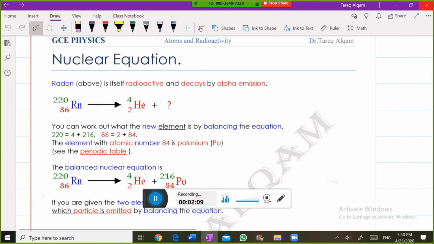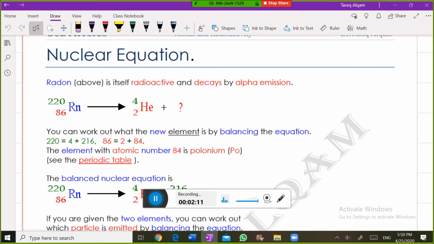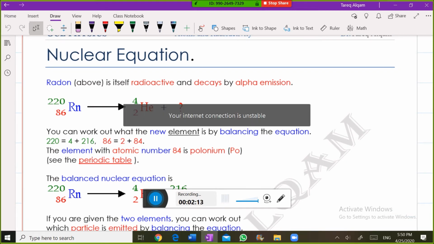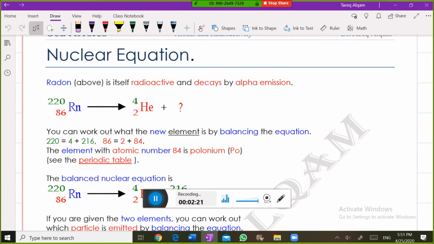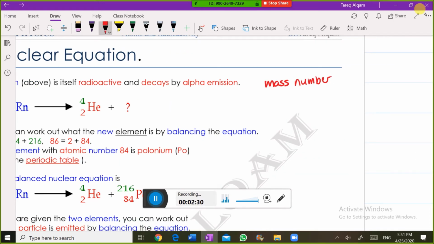Let's now talk about nuclear equations. Nuclear equations, guys, have certain things that must be conserved during any nuclear reaction. First of all, guys, I think you are familiar with that. The mass number before a nuclear reaction must be equivalent to the mass number of the products after the reaction.